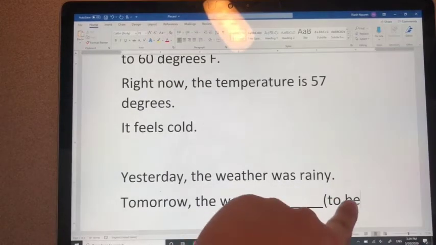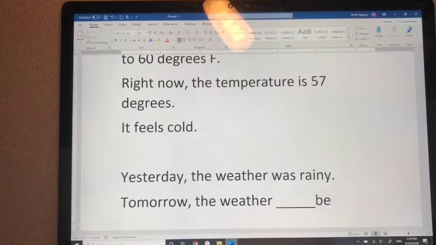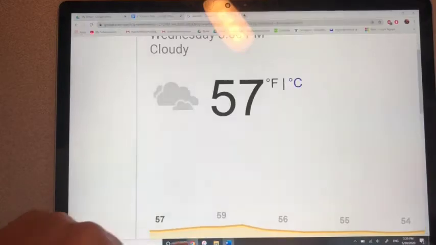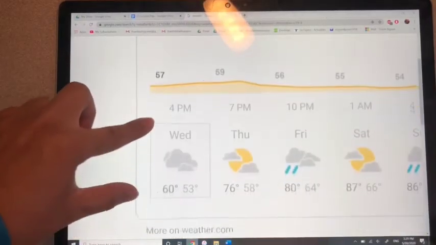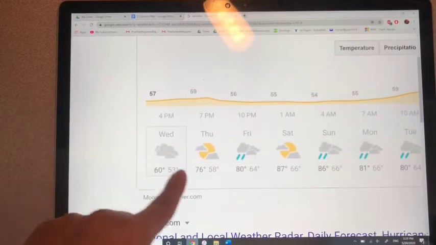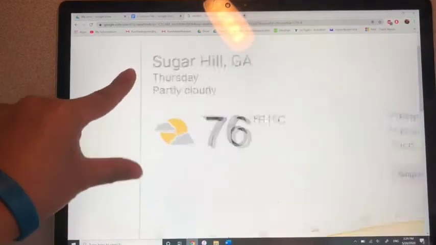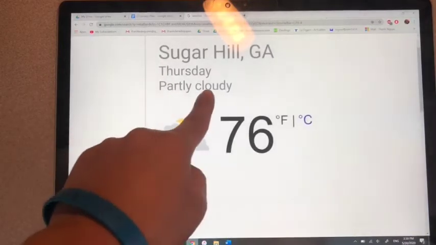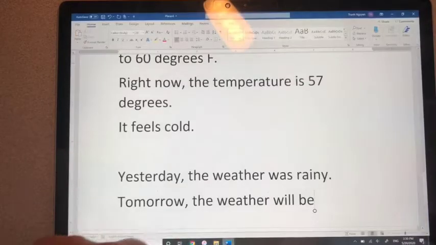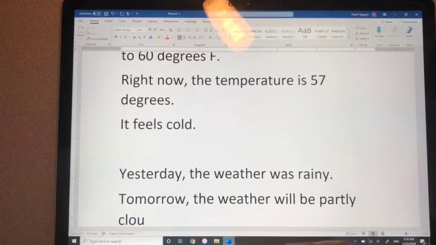The future, we say, the weather will be. So let's look at the weather tomorrow. Today is Wednesday, tomorrow is Thursday. The weather on Thursday is partly cloudy. So tomorrow, the weather will be partly cloudy.